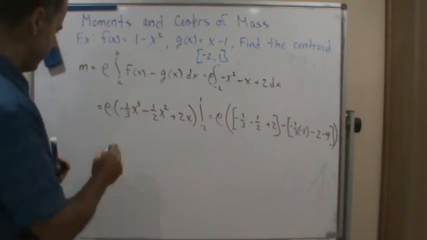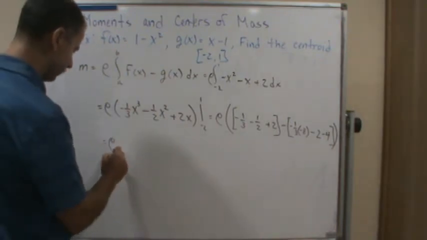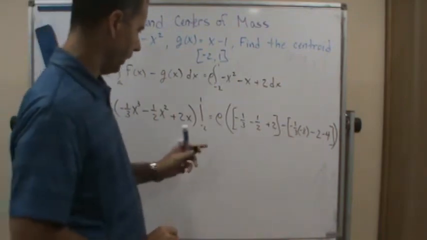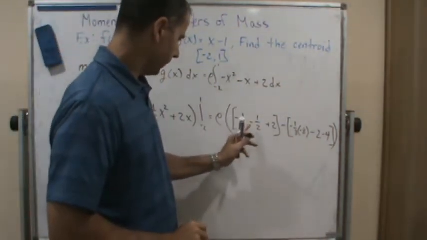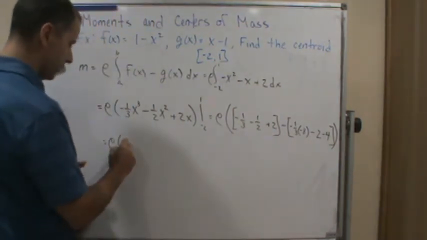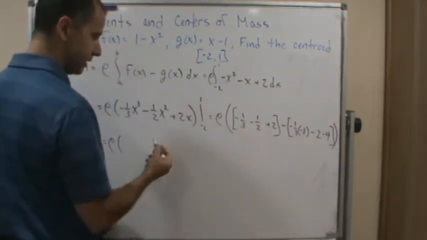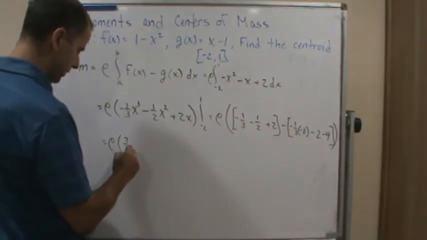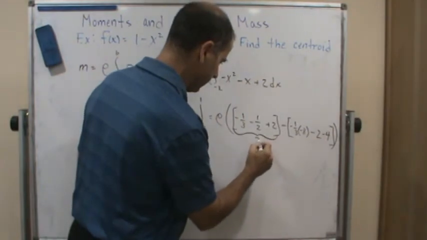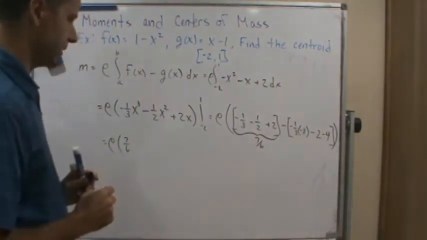Now if we simplify this, what do we get? Here we get negative 5/6 plus 2, which is going to give us 1 1/6, which is 7/6. So this piece gives us 7/6.